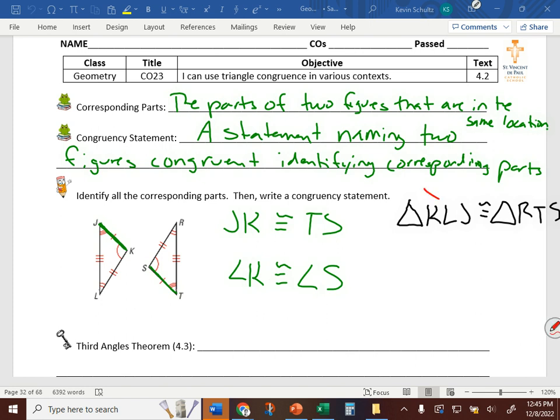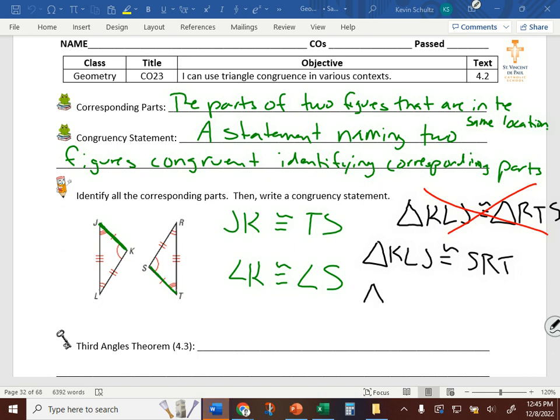So this would be incorrect, because it does not match up those corresponding parts. It would be correct to say that triangle KLJ is congruent to triangle SRT. You don't have to start with the single-arced angle either.